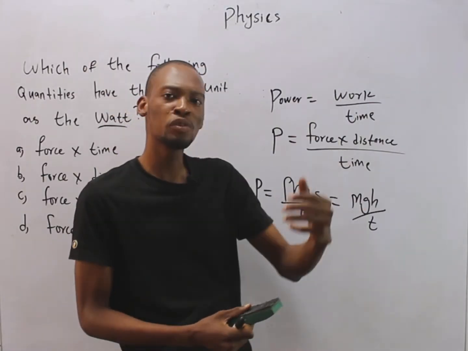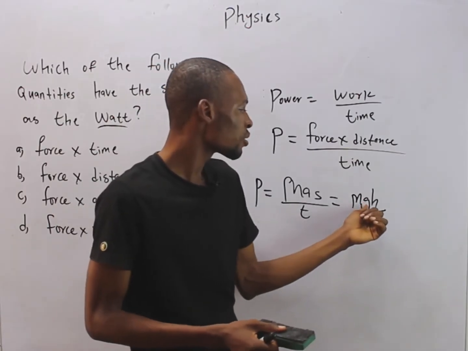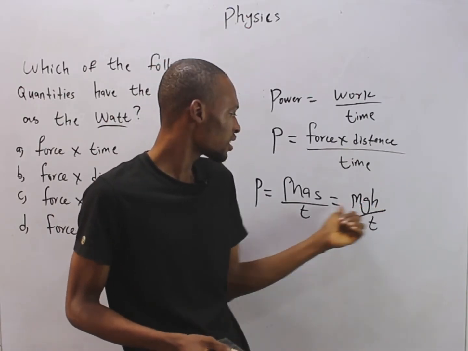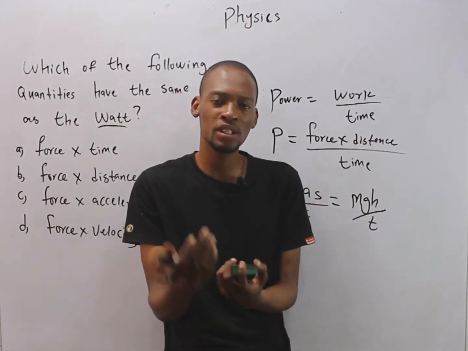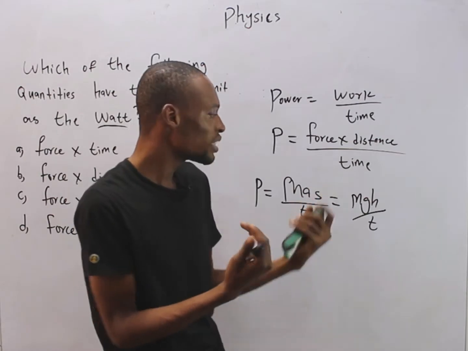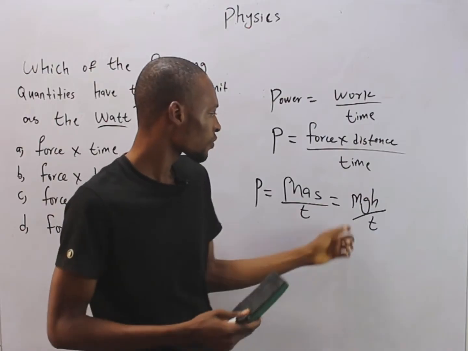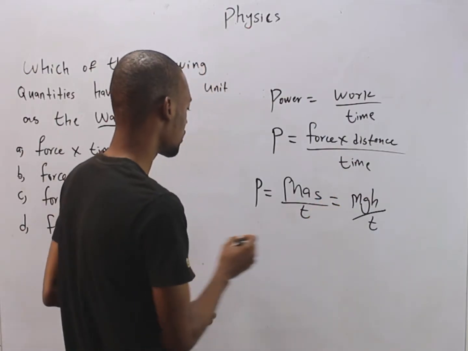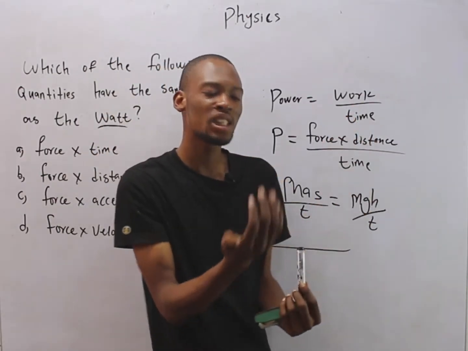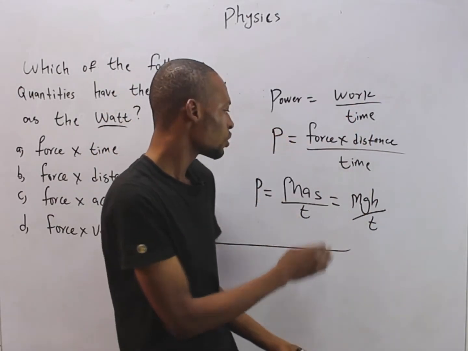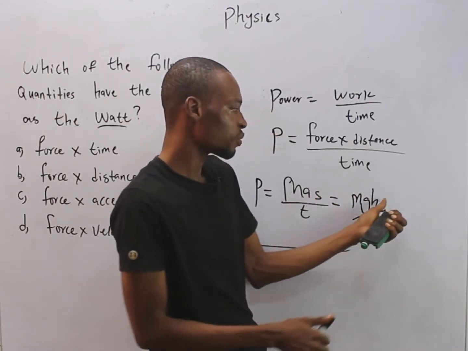So for downward movement or for bodies falling freely under gravity, acceleration due to gravity is used instead of linear acceleration. And the value of gravity is approximately 9.8 meter per second squared, or you can use 10 meter per second squared. And distance, this is horizontal distance. But for bodies falling freely, or when we are dealing with a vertical distance, we no longer use distance, we use height. This means s changes to h.